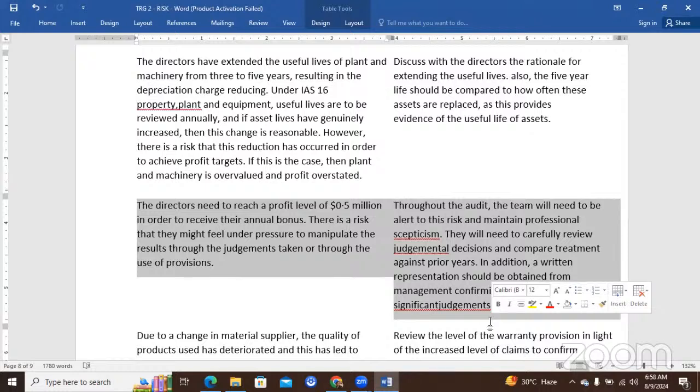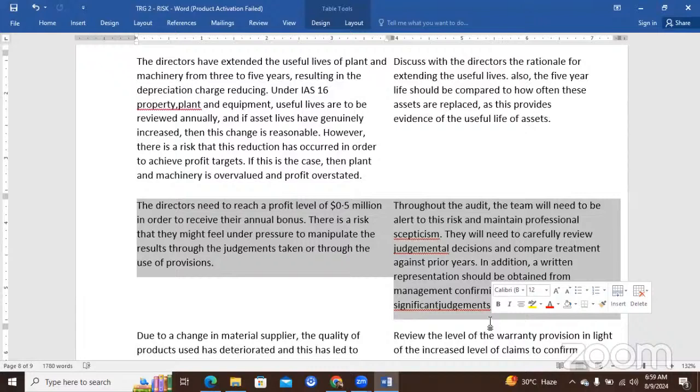So especially the judgmental areas, estimated areas, they are fully focusing on those areas in order to manipulate the financial statements to achieve their target profits. So audit risk is very high in this case, right? So throughout the audit, the team needs to be alert and maintain professional skepticism and professional judgment.